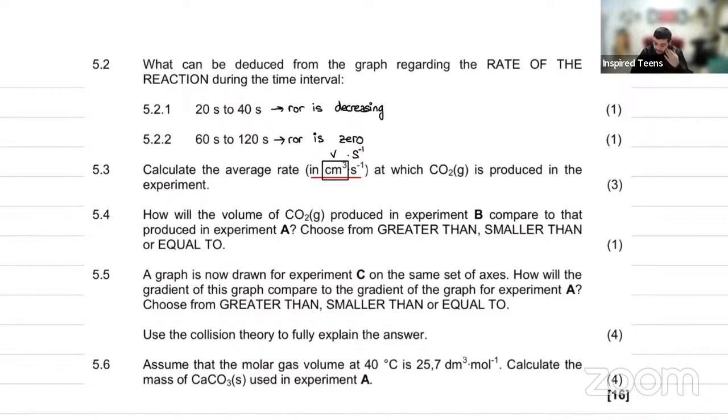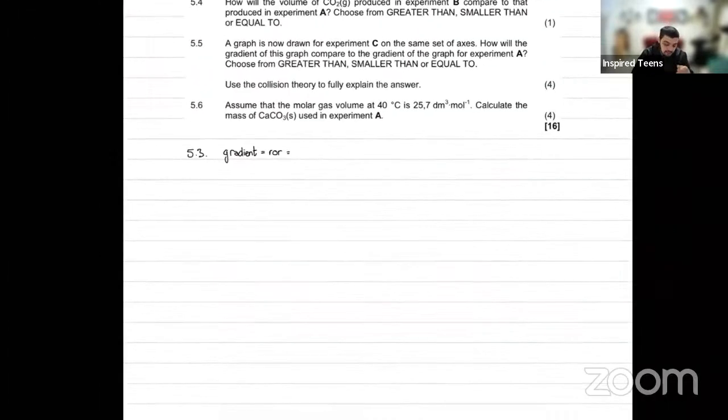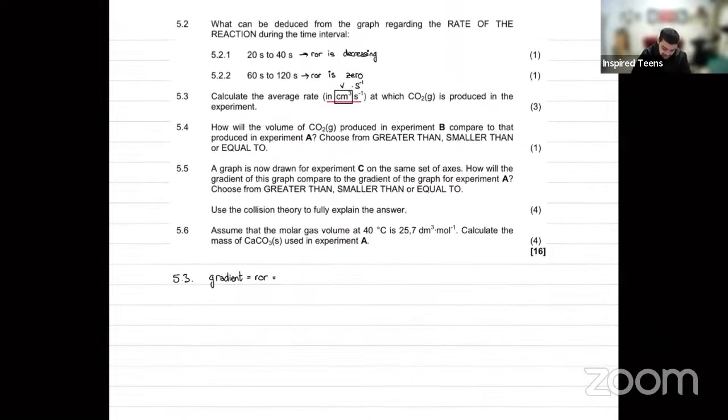We also need to remember that rate of reaction is actually the gradient. Gradient is equal to the rate of reaction. So basically, we need to calculate the gradient in order to calculate the rate of reaction: y2 minus y1 over x2 minus x1, essentially.